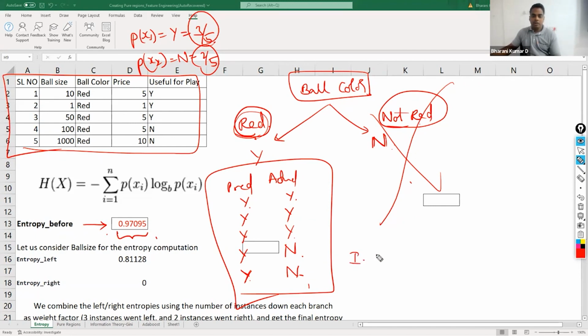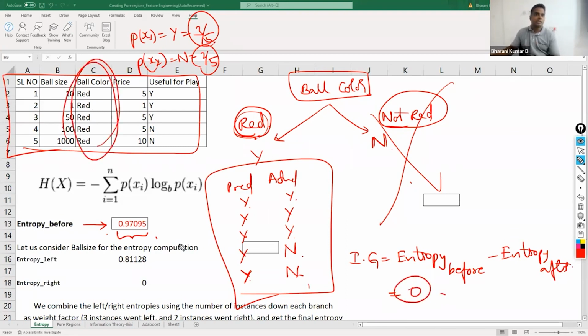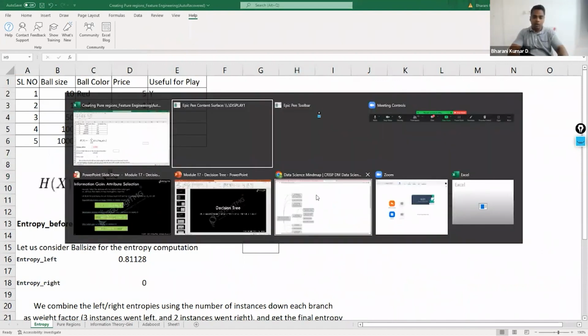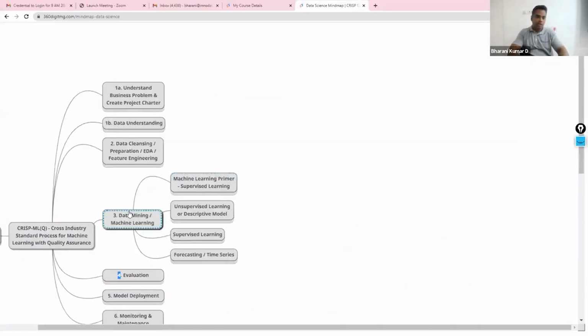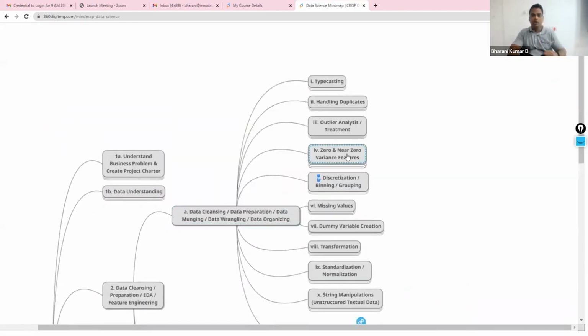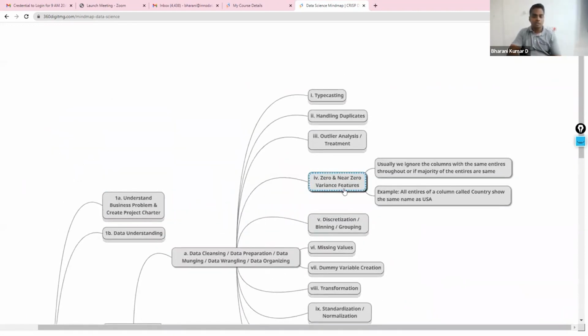And what is information gain? Entropy before minus entropy after. And entropy before minus entropy after, what would you get? So do we have any information in this? No. Now tag it back to the discussion that we had in the very beginning of the training, in data cleansing, where we spoke about something called zero variance or near zero variance features.